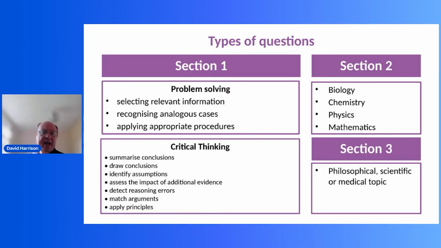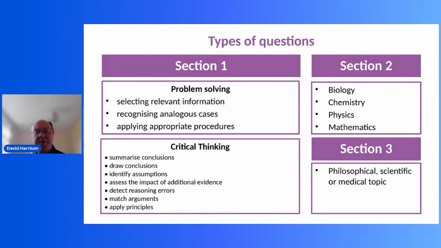So looking at the different sections and the types of questions, as you can see from the slide, under section 1, we've got both problem solving and critical thinking. With problem solving, we've got questions which expect you to select the relevant information. We've got recognizing analogous cases. So that's similarities.